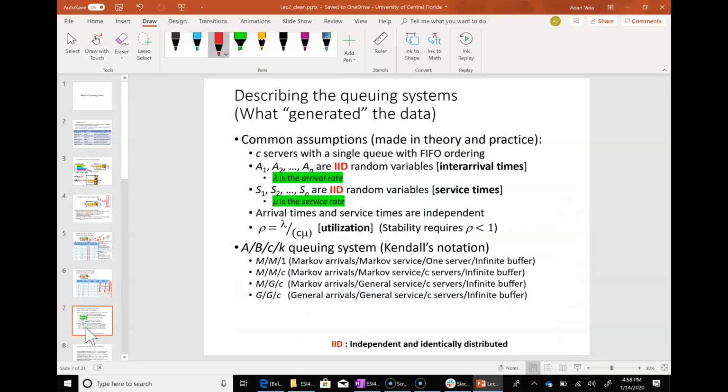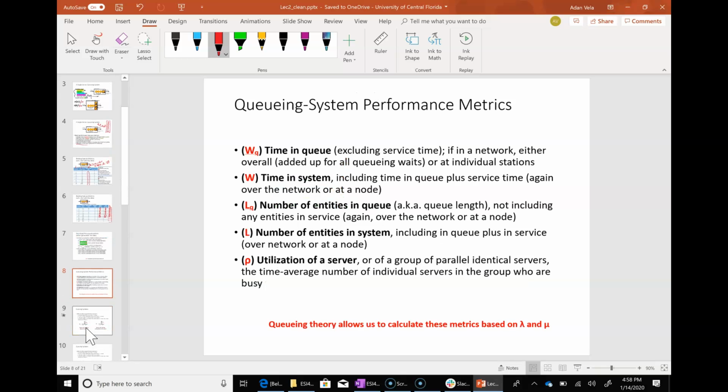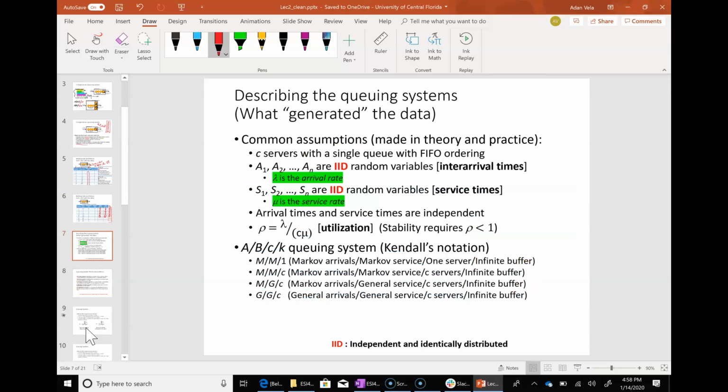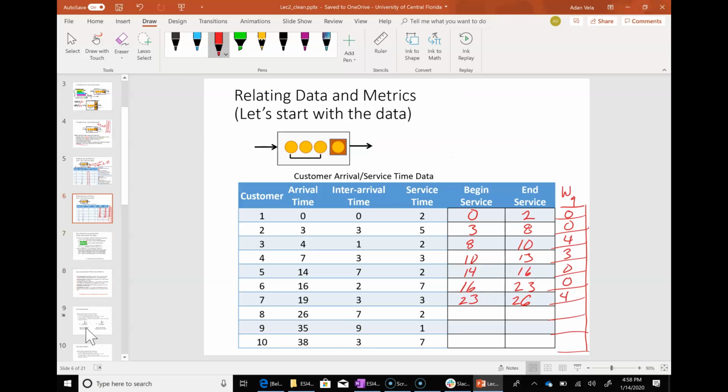Now, a lot of times we're going to make assumptions about how customers arrive. What are these inter-arrival times and what are these service times?